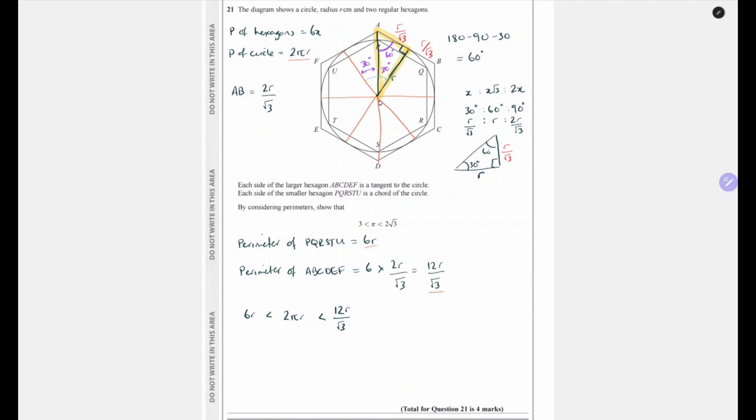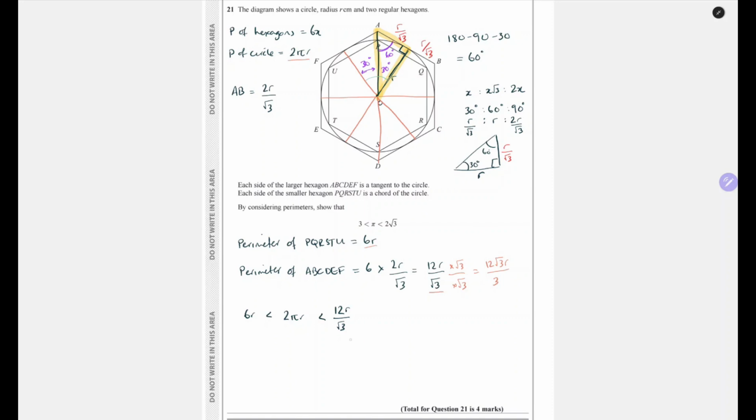Now, we want to get rid of the root 3 in the denominator of the perimeter for the larger hexagon, and so we're going to rationalize that, which means we need to multiply the top and bottom by root 3. And that will equal 12 root 3 r over just 3.